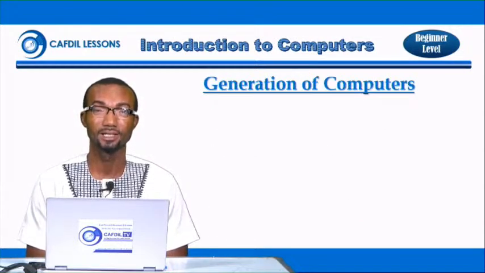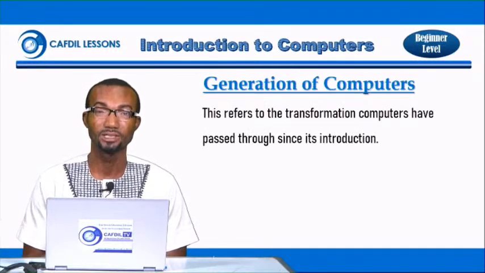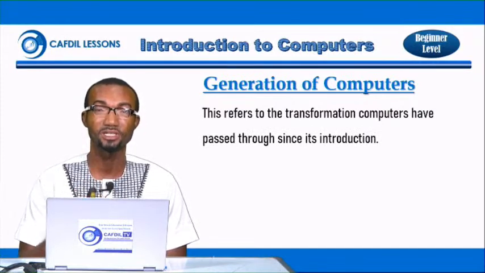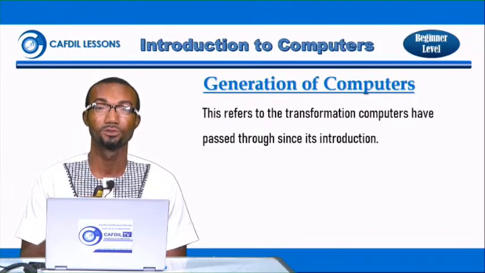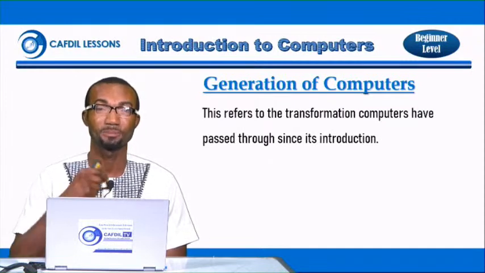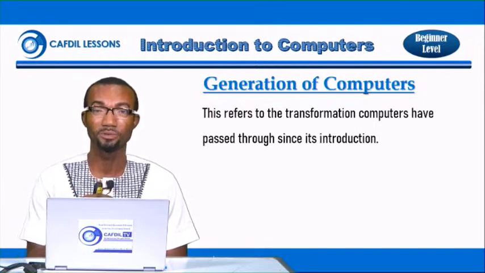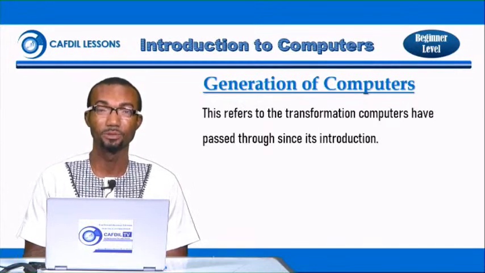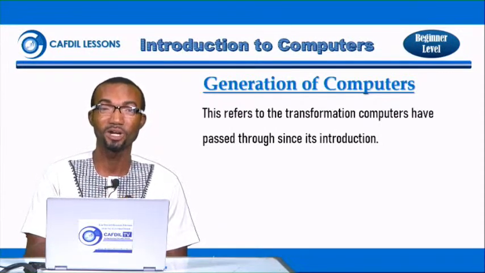Now let's start the lesson. When we say generation of computers, what does it mean? This refers to the transformation computers have passed through since its introduction. If you remember, when we were treating examples of computers in the last lesson, we looked at the smartphone, and we went back down memory lane to where the phone started.